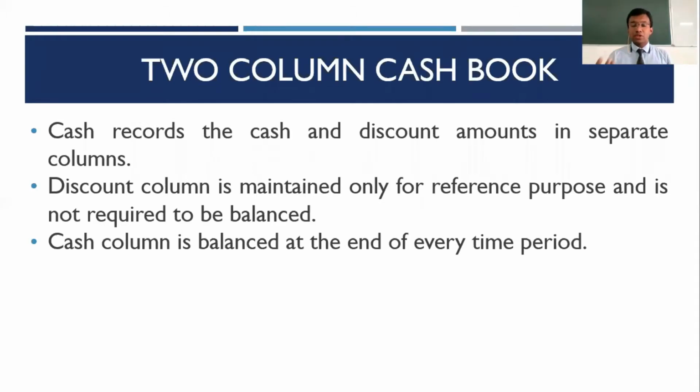So two important things to remember: the discount column is only for reference, you just total up and write the amounts at the bottom, and it need not be balanced. The cash column has to be balanced at regular intervals.